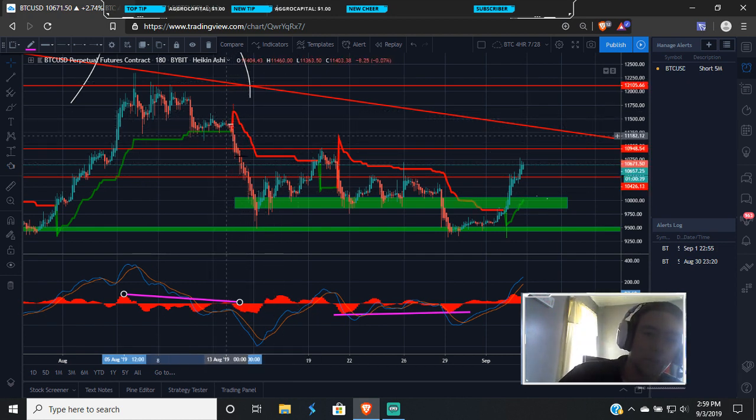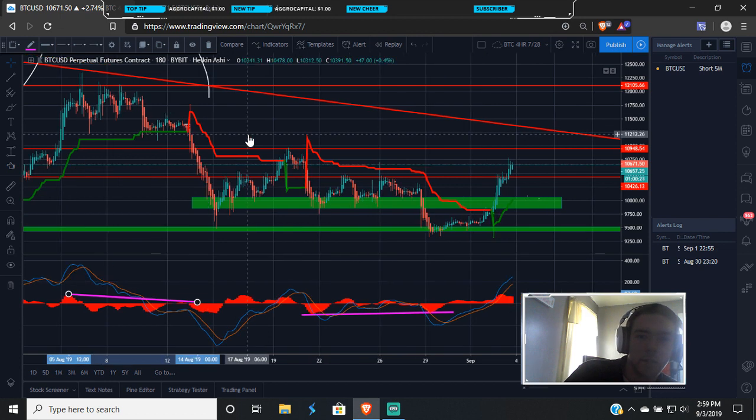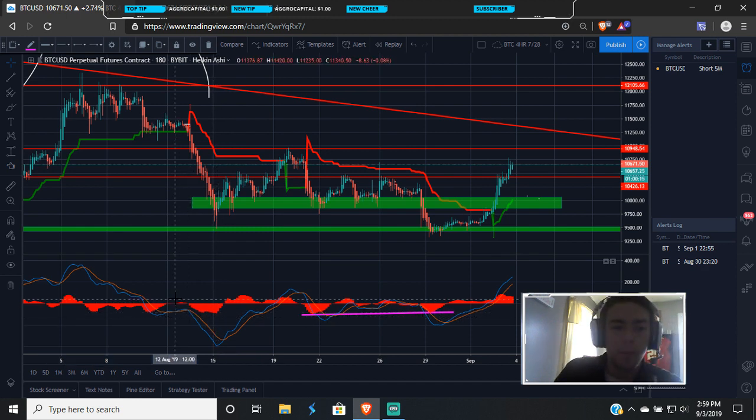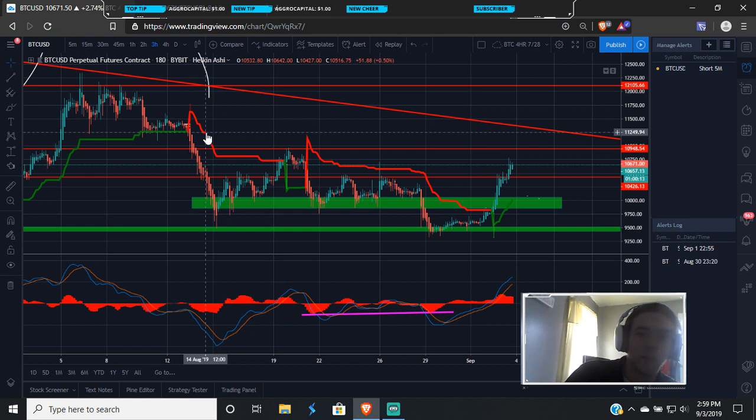So you popped your short. Your MACD's pointing short. You enter your short at 11,250. The bottom drops. And you can see here with this little right shoulder, you even got a confirmation that the bearish momentum is building. So you went from 11,250 all the way down to 9,500.